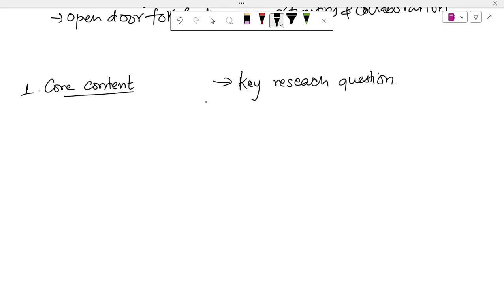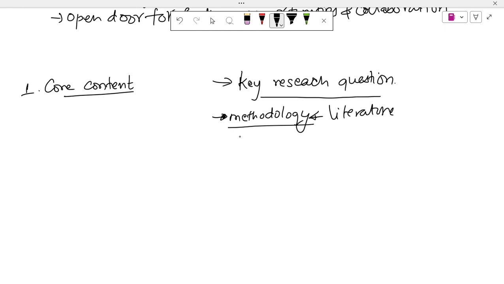These key research questions need solutions, which need to be briefly described in the methodology section. Your methodology should be clear and very accurate on the basis of the literature that you studied.